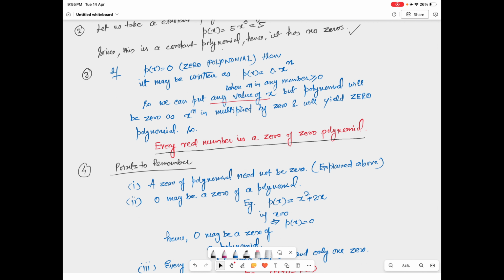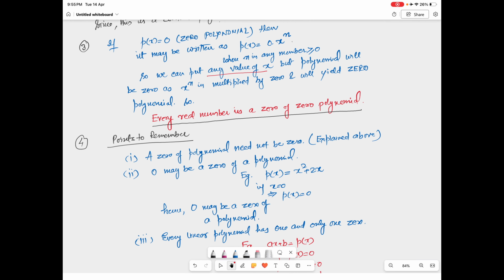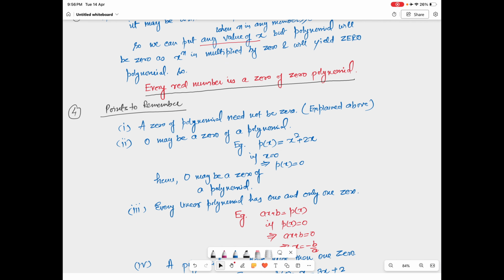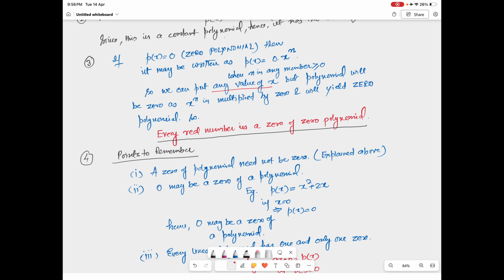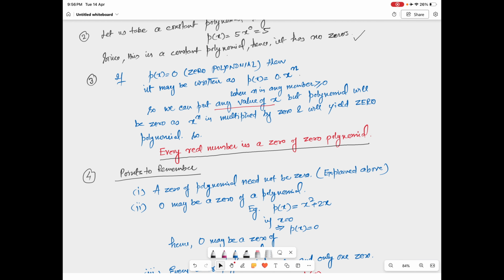So these are important points about polynomials. Now some more points which you should know. A zero of a polynomial need not be 0. I have explained above: any real number is a zero of a zero polynomial.